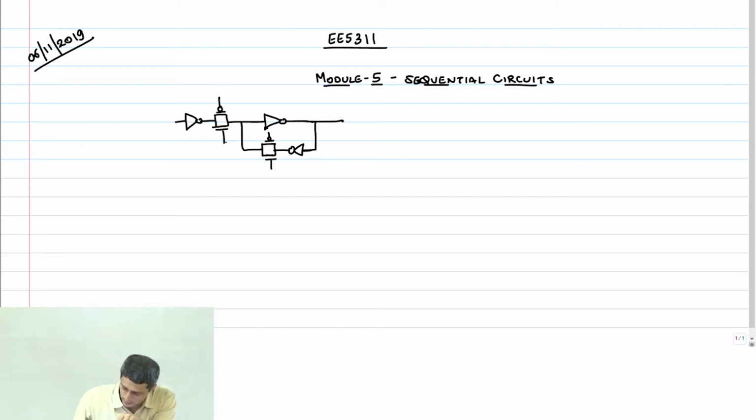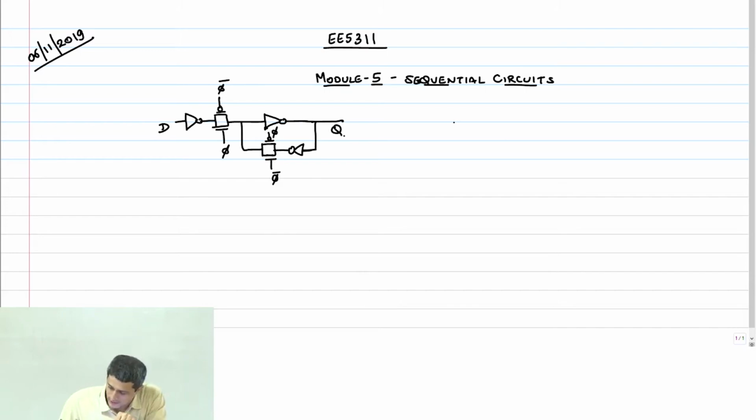Let me call this phi bar, and phi clock. So this was my D, this was my Q.